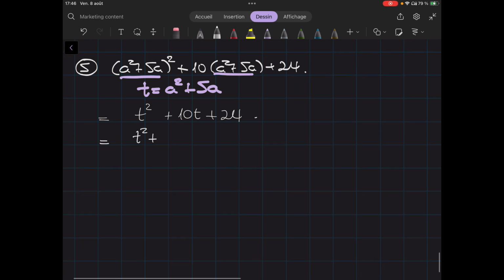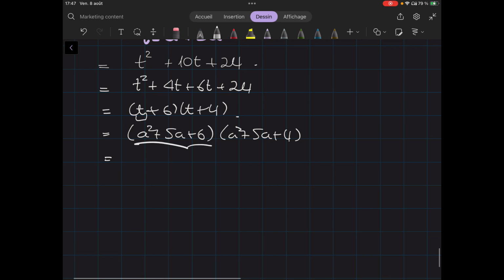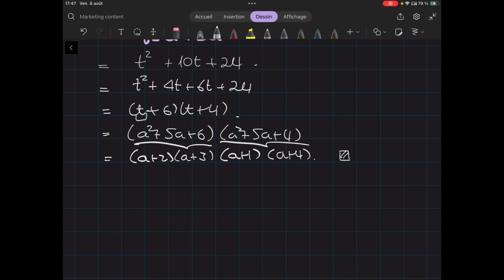And now we just have to factorize this expression. Easy peasy. Substitute t with a squared plus 5a. Realizing that you can factorize this even further. And you can also factorize that even further. And that is the end of question 5.